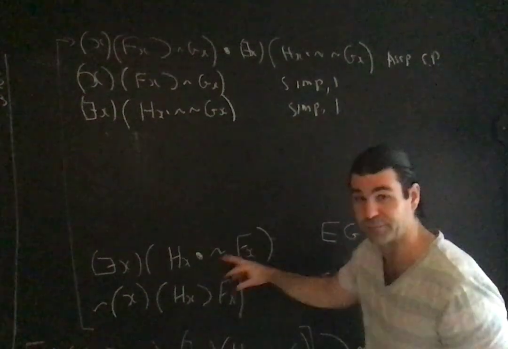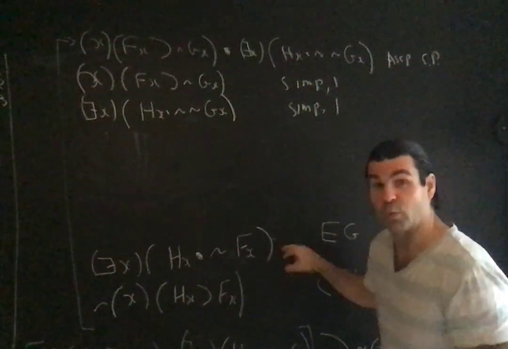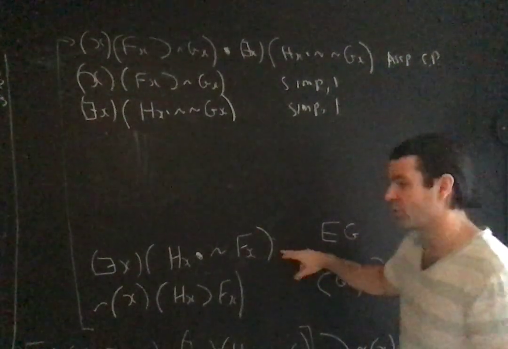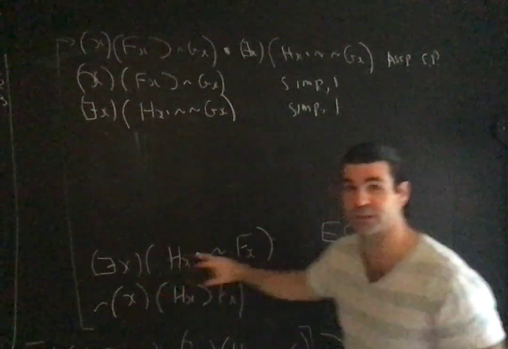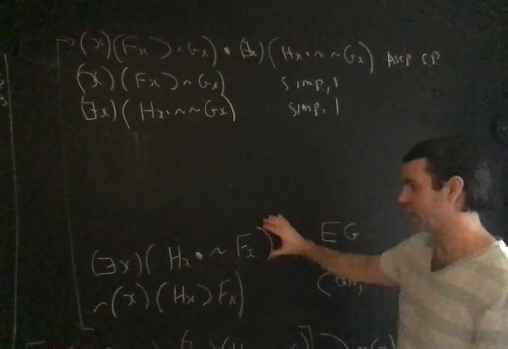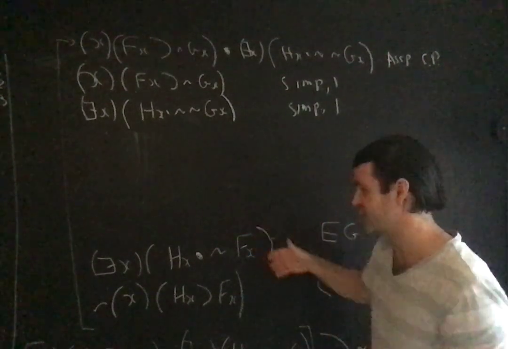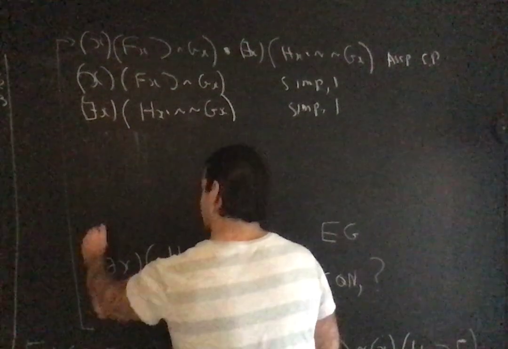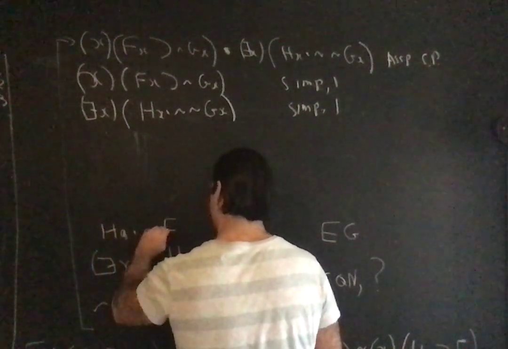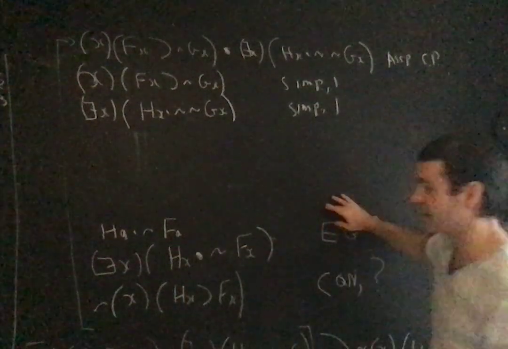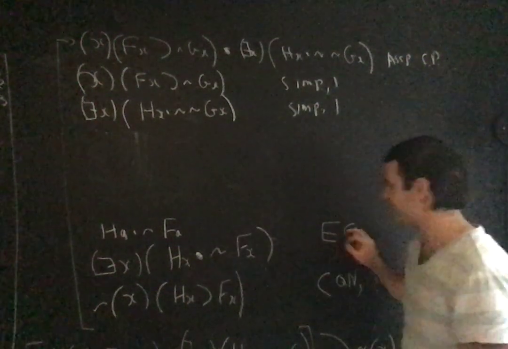This is the kind of formula which I can derive by a generalization rule. And I can also figure out what the instance will be, working backwards again, from which I get this by UG. I sort of do the opposite of EI, the opposite of instantiation, to get HA and not FA. Don't know how I'm getting that, but when I have that, I can go from there to this by EG.